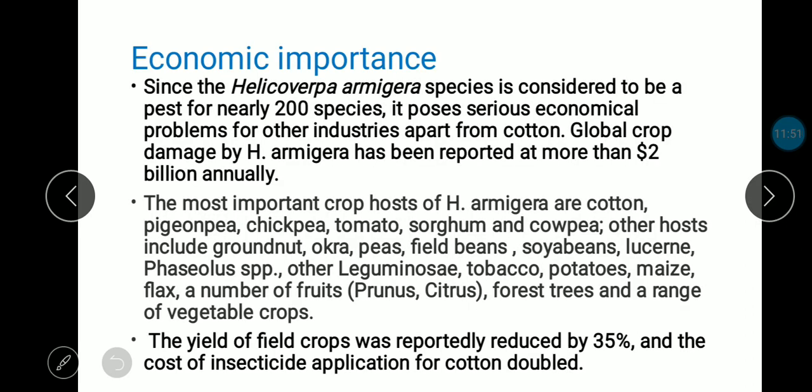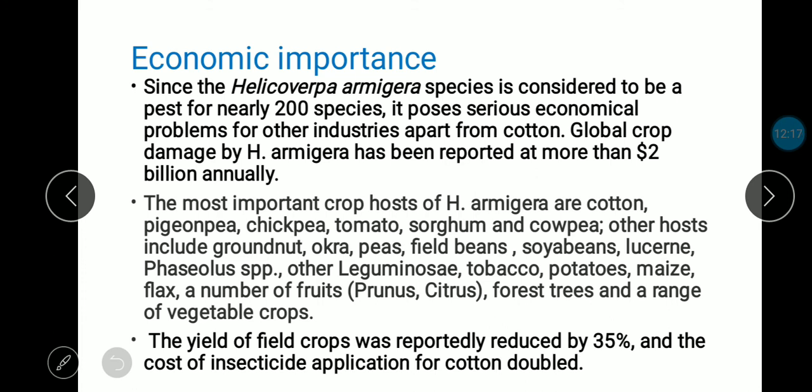It has economic importance because it damages a considerable amount of crop. Since Helicoverpa armigera is considered a pest for nearly 200 species, it poses a serious economic problem for other industries apart from cotton.